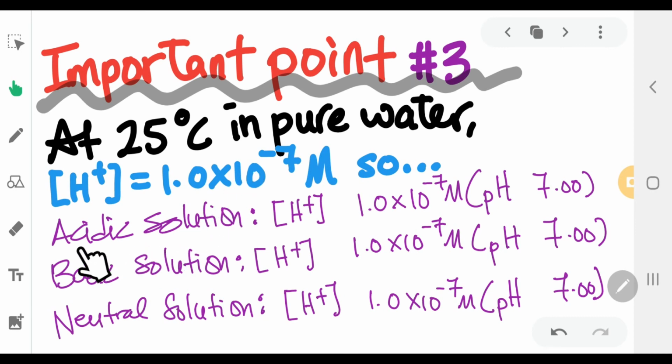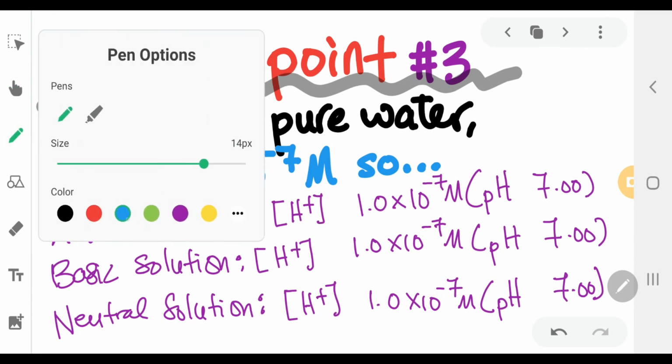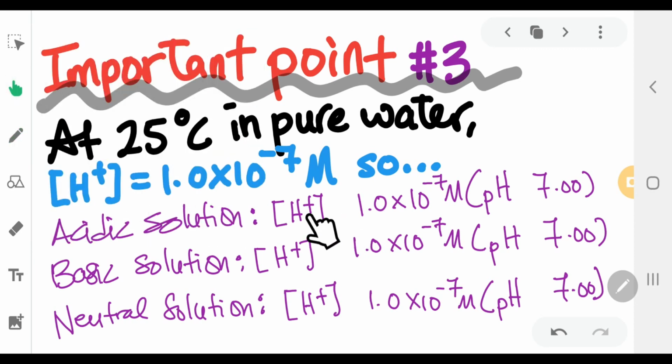But in the acidic solution, the concentration of H+ over here would be more than 1.0 times 10 to the power of -7.